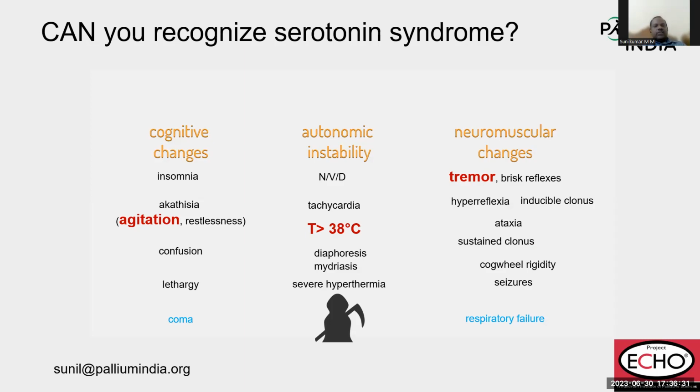Suppose your patient is taking methadone and you start him on amitriptyline or fluoxetine, and you see that the patient is agitated, has hyperthermia, tachycardia, tremor, and rigidity, then you think whether it can be due to serotonin syndrome.